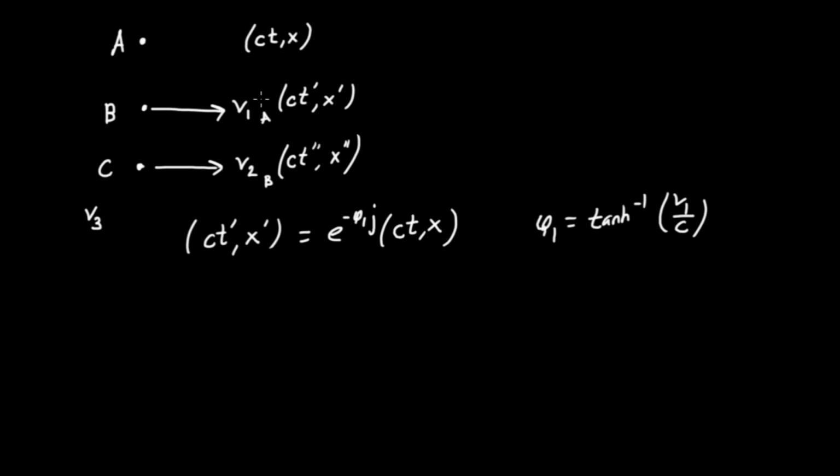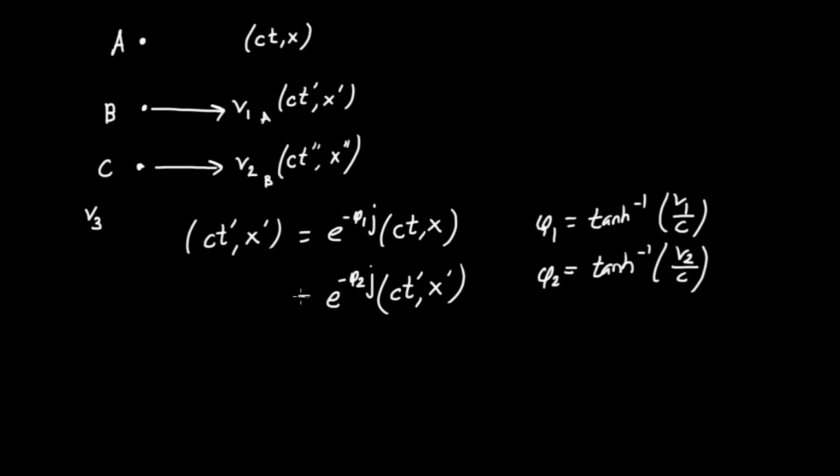And now I have a similar equation when I boost the B coordinates to the C coordinates, or the prime coordinates to the double prime coordinates. And that equation is going to be pretty similar. It's going to be CT prime, X prime, multiplied on the left by e to the minus phi 2 times j. And phi 2, you might guess, is the inverse hyperbolic tangent of v2 over c. And that's going to give me the double primed coordinates, CT double prime, X double prime.